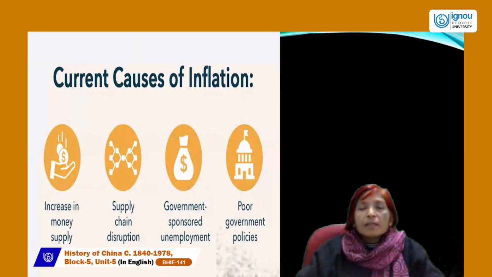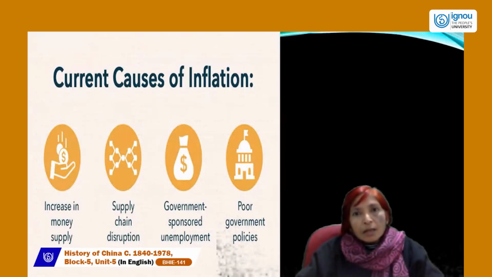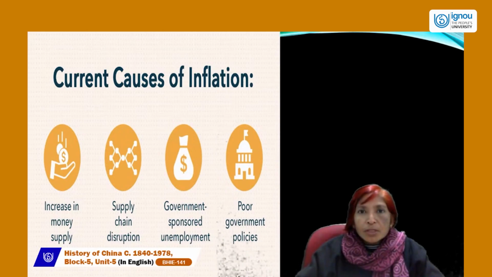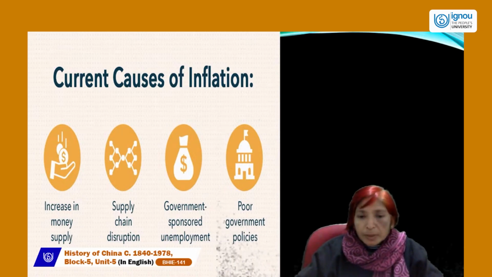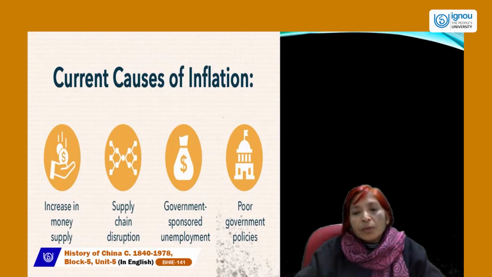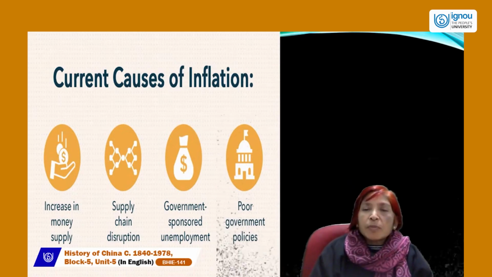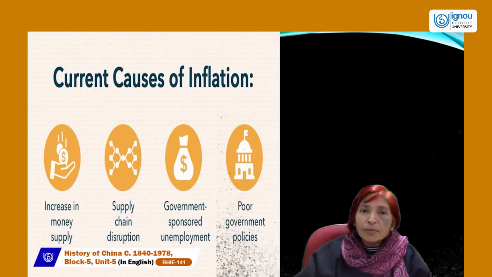If government fixes the fare of railways or transportation, and when government increases the price of petroleum or diesel or CNG, then transportation cost will rise. And due to rise in transportation cost, each and every commodity price will go up. So, due to adopting poor policies, inflation problem exists in an economy.